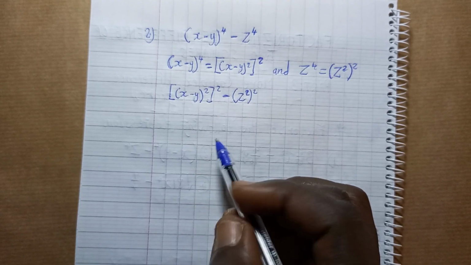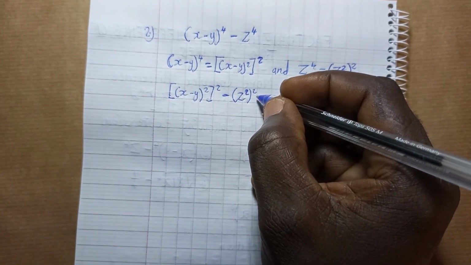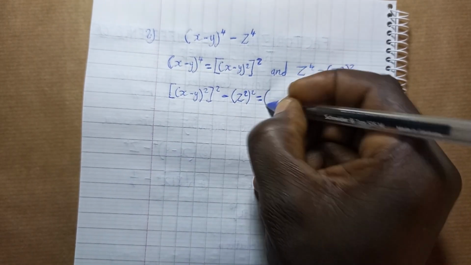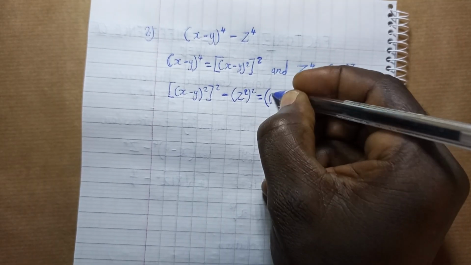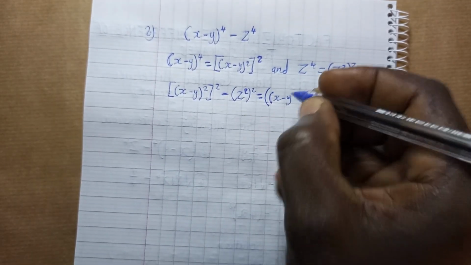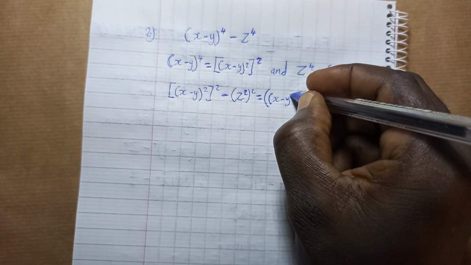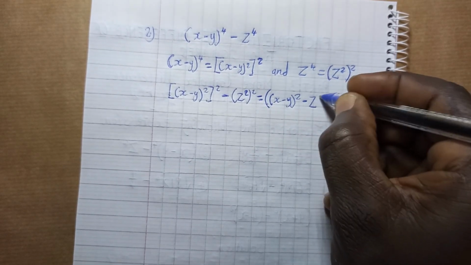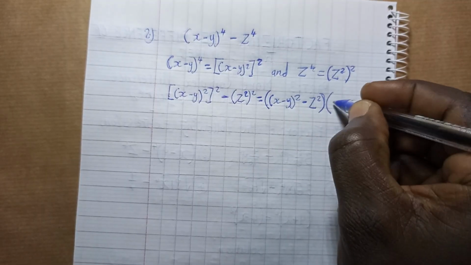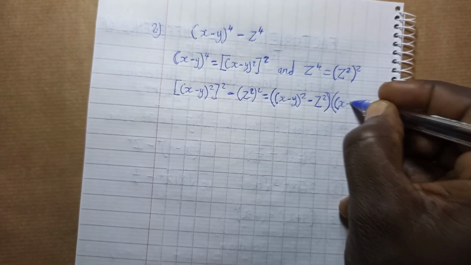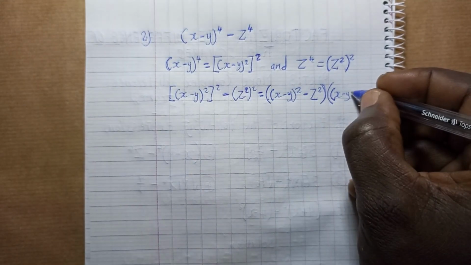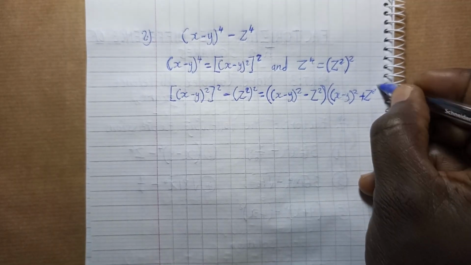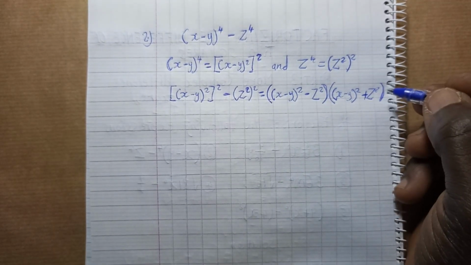So if we apply the formula for difference of two squares, we are going to have that this expression will give us open bracket, open another bracket, x minus y square minus z square, close bracket, open another bracket, then the inner bracket x minus y square plus z square, and then you close the bracket.